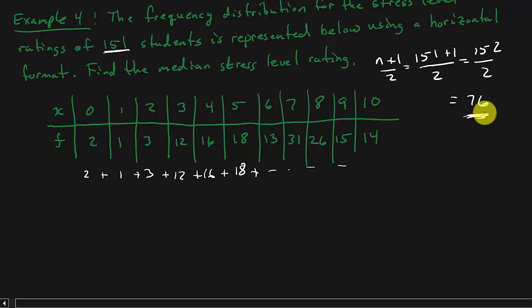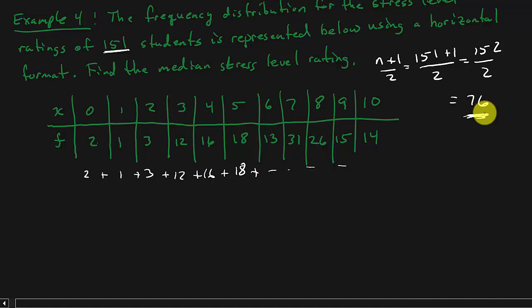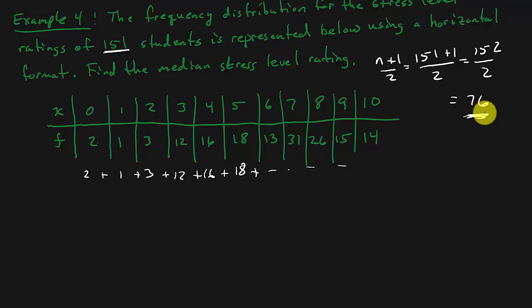Now I may not get 76 exactly, but let's just see what's happening. So 2 plus 1 is 3, plus 3 is 6, plus 12 is 18, plus 16 is 34. Let me do that again.